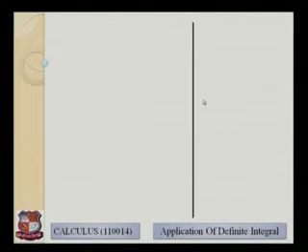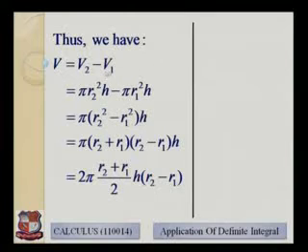So the volume will be V2 minus V1, that is outer cylinder minus inner cylinder. As we know that the volume of a cylinder is pi r square h, so pi r2 square h minus pi r1 square h, pi h will be constant, taking common outside the bracket, then it will be r2 square minus r1 square.